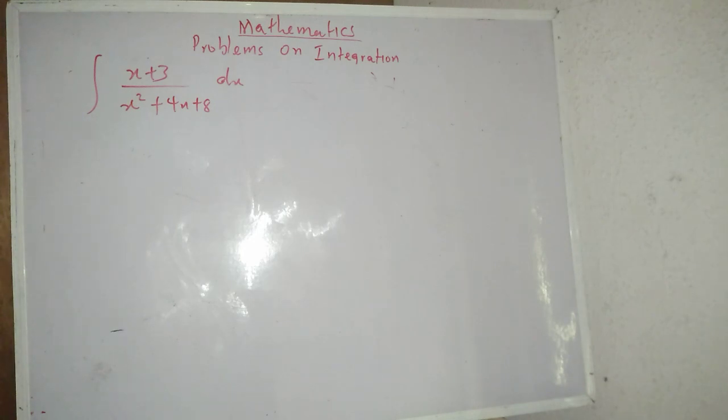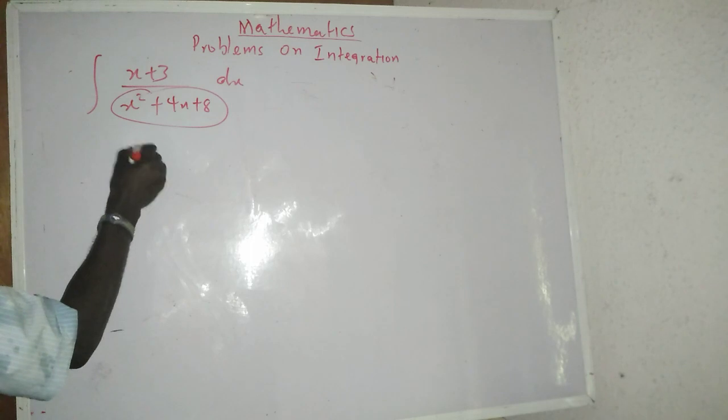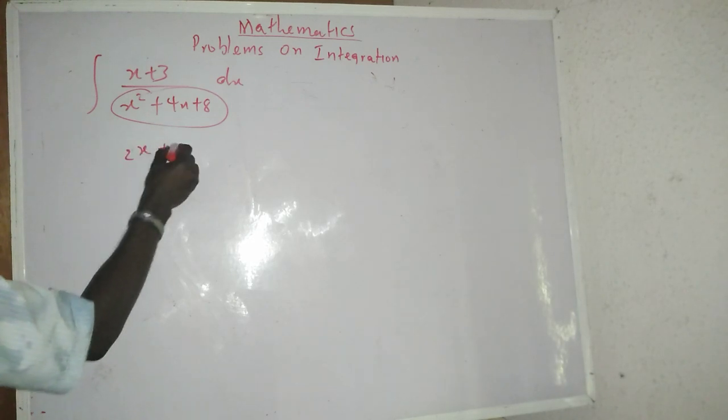What I will do is differentiate the denominator. When I differentiate the denominator, I will have 2x plus 4.